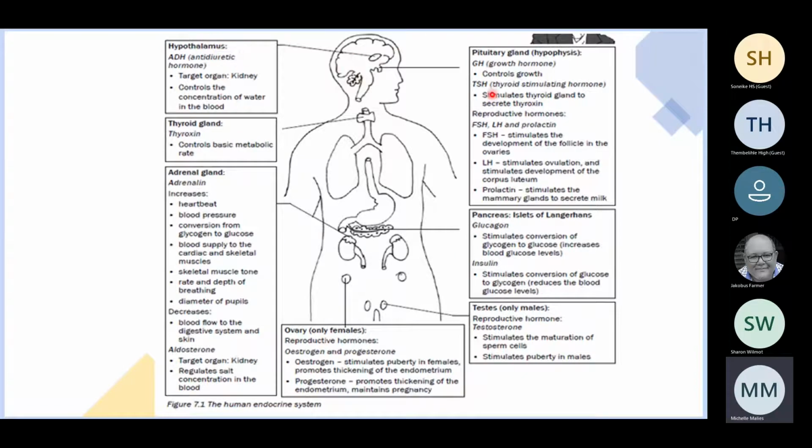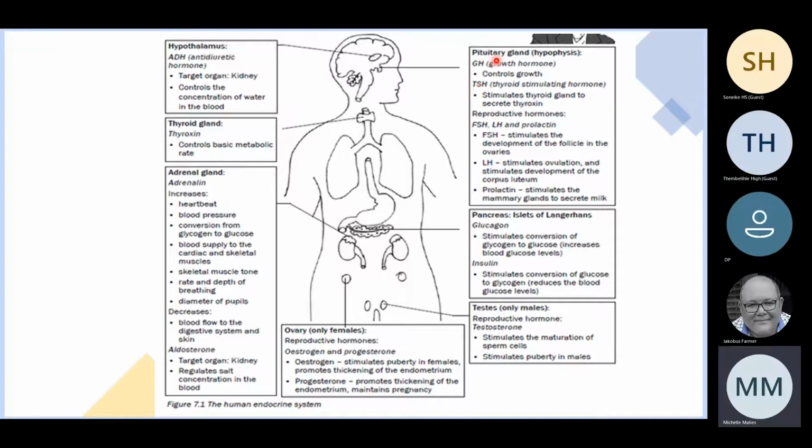We're going to go clockwise. Hypothalamus, the hormone it secretes is ADH, antidiuretic hormone. Target organ, the kidney. Function, as I said, gland, hormone, and what's its function? ADH controls the concentration of water in the bloodstream.